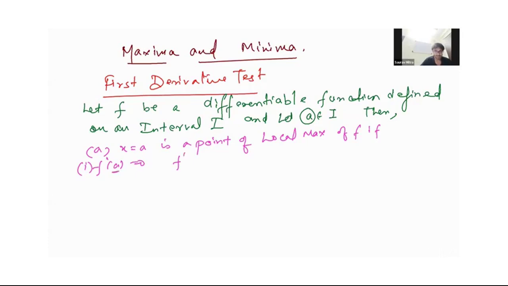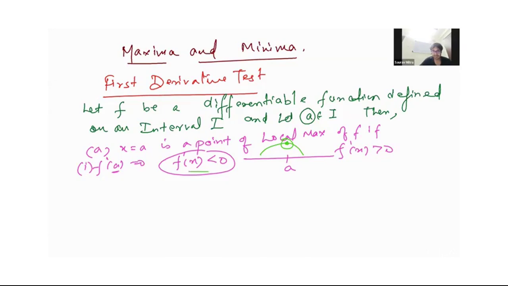Let us suppose a is here. If f dash is less than 0 on this side and f dash is greater than 0 on this side, then a is your maximum point. Means if your graph goes like this, it is your maximum point.